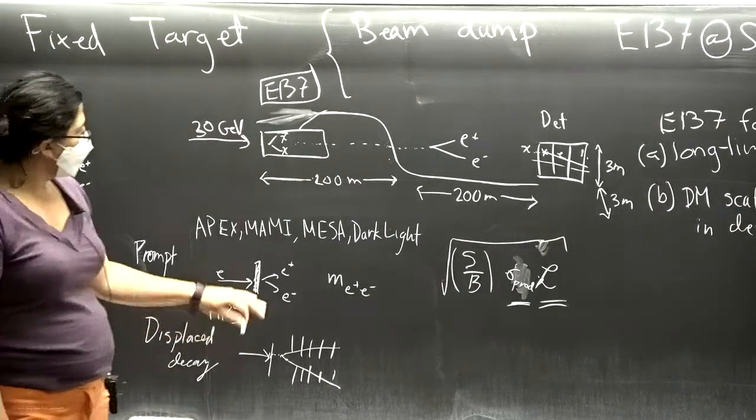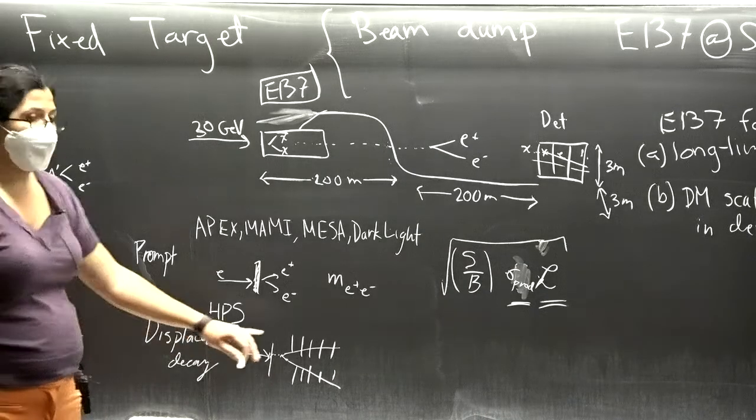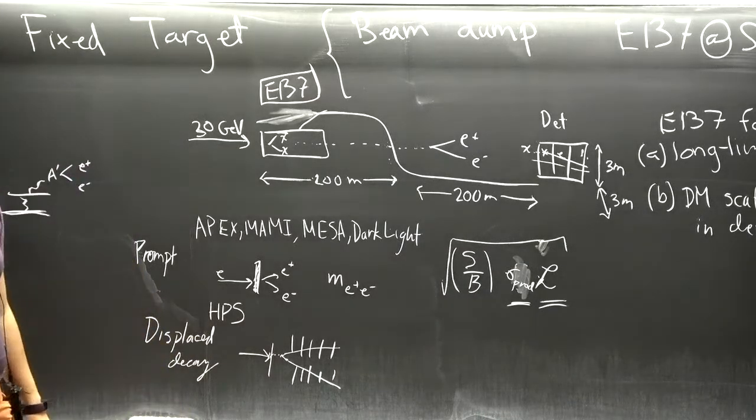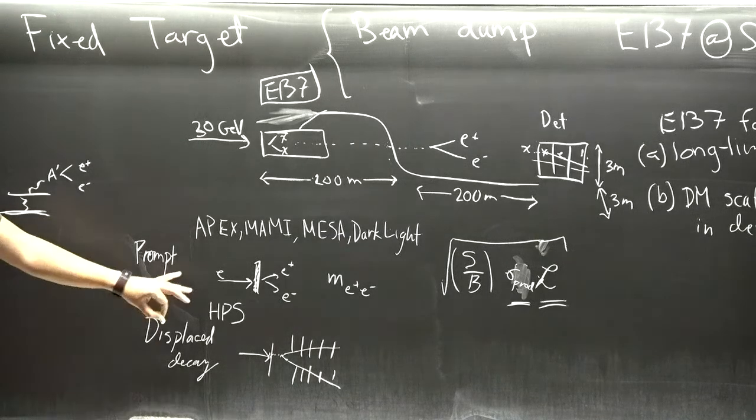And again, it's lower luminosity than these kinds of experiments, but it can still beat the luminosity of something like BaBar, or at least the cross section times luminosity. So that's an overview of thin targets for the visible cases.